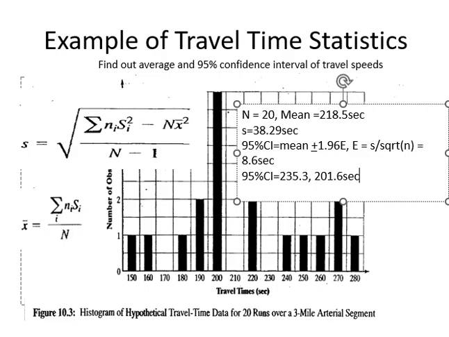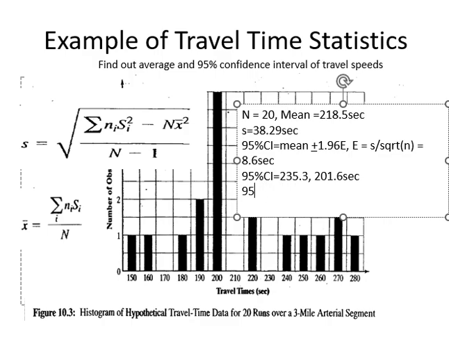Okay, this is time. To calculate the speed, I need the distance, right? Distance is written here, and this is the only way you will know the distance. So, the 95% confidence interval of speed.